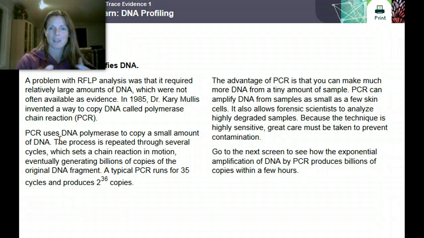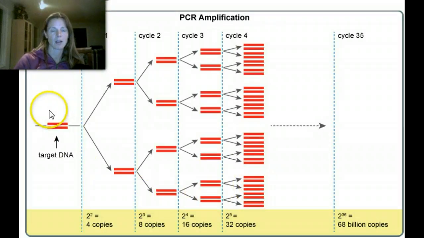If you have more DNA, you can do more testing. So the PCR, the polymerase chain reaction, basically aids in creating more DNA from what is in existence. That's a pretty good thing, right? And this is just showing a picture of what you have, and you can amplify it to this many copies.